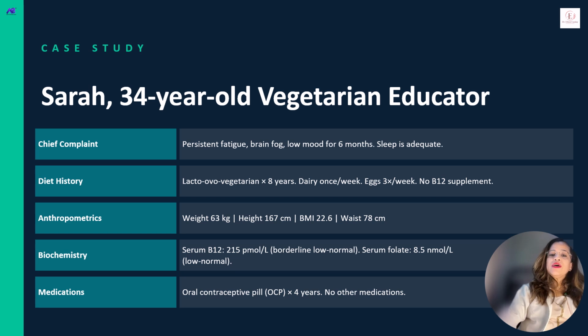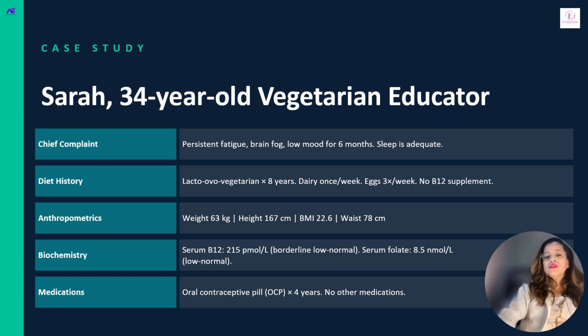So if I say Sarah's serum B12 is 215, and this appears within the normal range, the lab reports will tell you around 180 is normal. So she is told that it's normal and she does not have to worry about her B12 levels because it is above 180.